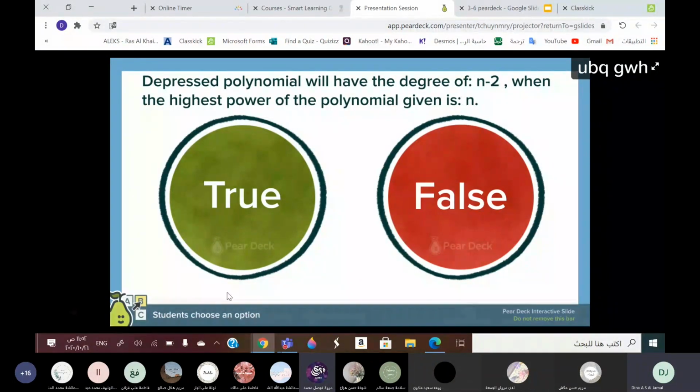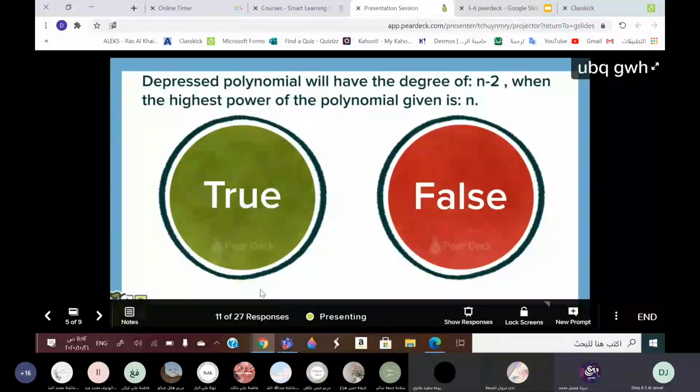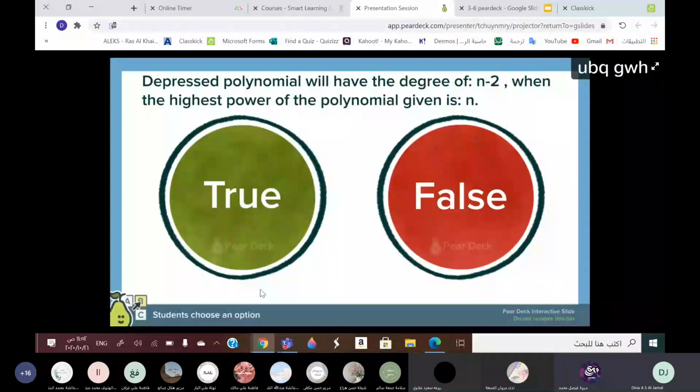Easy, miss. All of these you told us in the class. Exactly. Excellent, guys. Excellent. This is what I want. It is a conceptual check question.